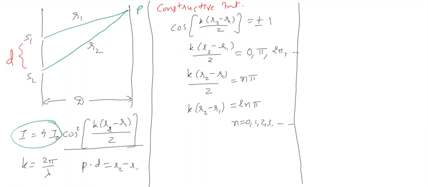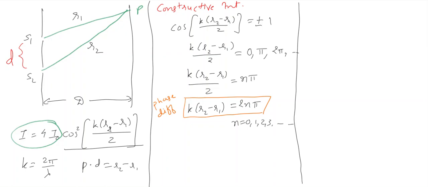Okay, so this is the condition for constructive interference, but as this is an angle, this is called the condition in terms of phase. So when phase difference becomes 2n pi, the intensity will become 4I0, that is constructive interference.